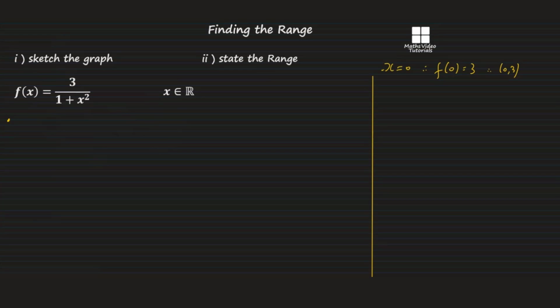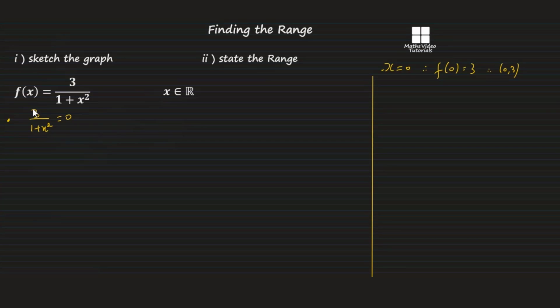The second point to study when you're sketching a graph is the x-intercept, or as they call them, the roots. It's where the graph crosses the x-axis, basically. In order to find the roots, you need to make y equals 0, or in this case, f of x equals 0. So we need to solve 3 over 1 plus x squared equal to 0. Now for this one, there is an expression in the denominator, and that denominator cannot be equal to 0 because you cannot divide by 0.